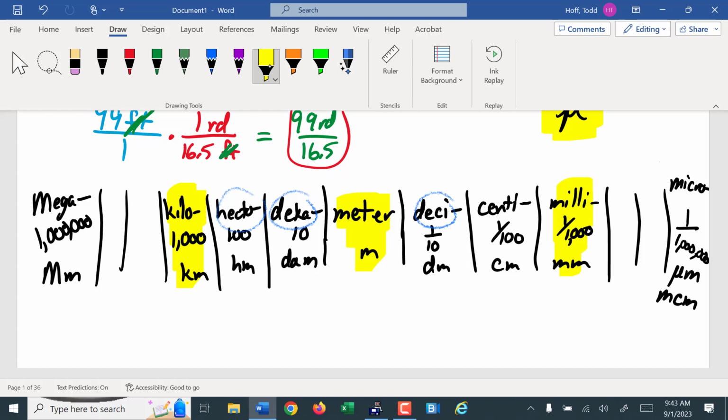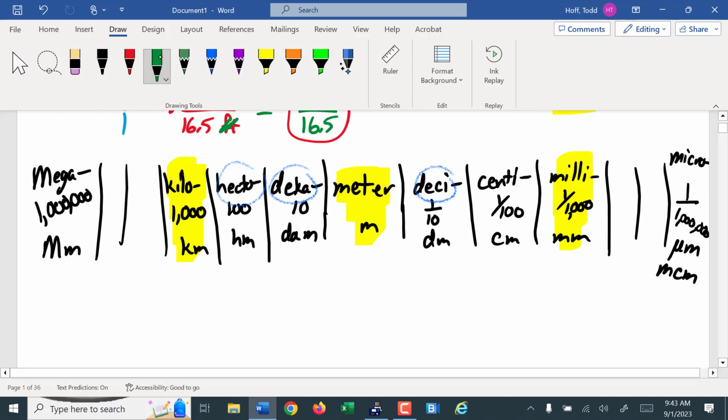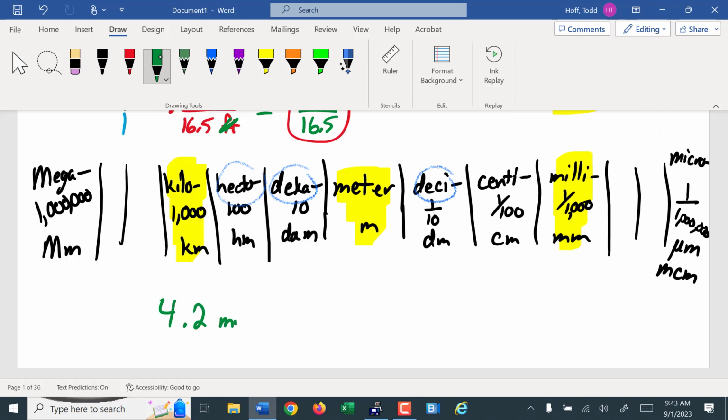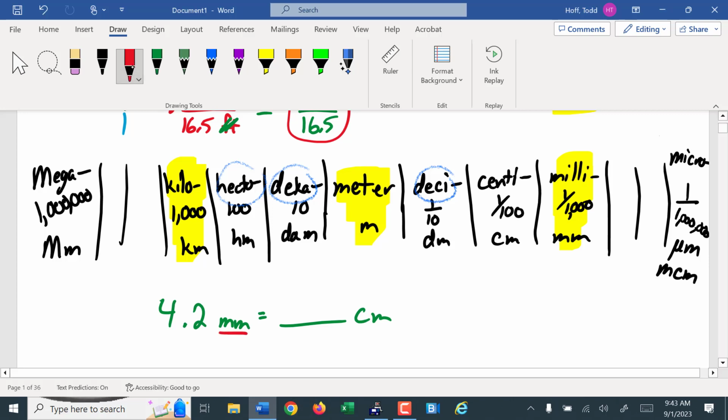The conversions in the metric system are relatively straightforward. If I have 4.2 millimeters and I want to convert it to centimeters, well, if we have this chart down, it's right in the chart. I am going from millimeters to centimeters.